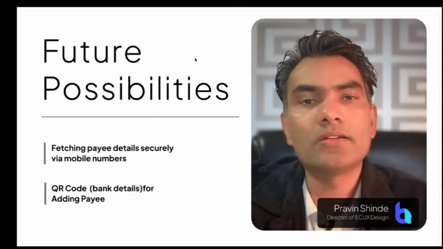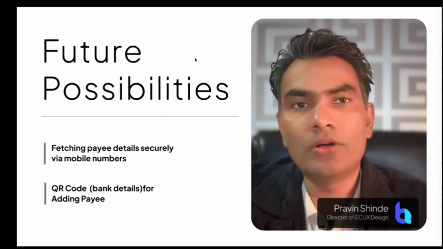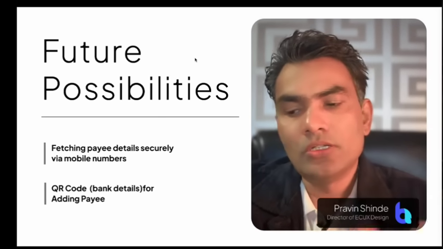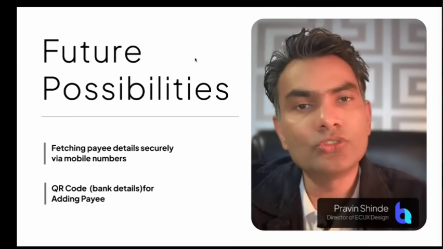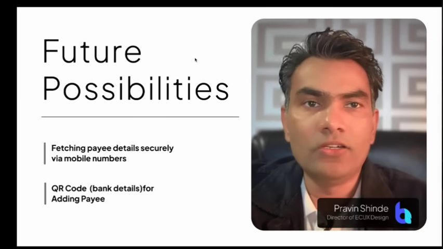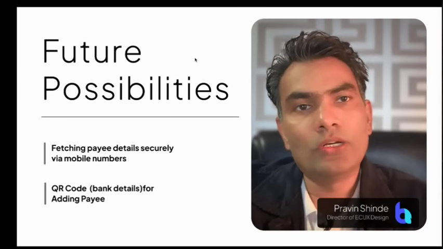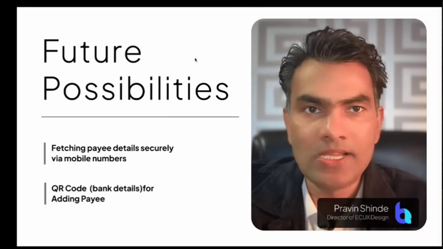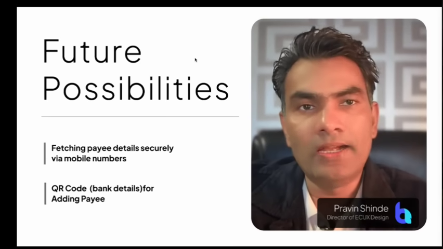Now the bank can decode my QR code and fetch all my account details directly from it. Of course, that QR code database will be stored somewhere, and the bank will fetch the data using the QR code, and they can add me as a payee in someone's bank account.